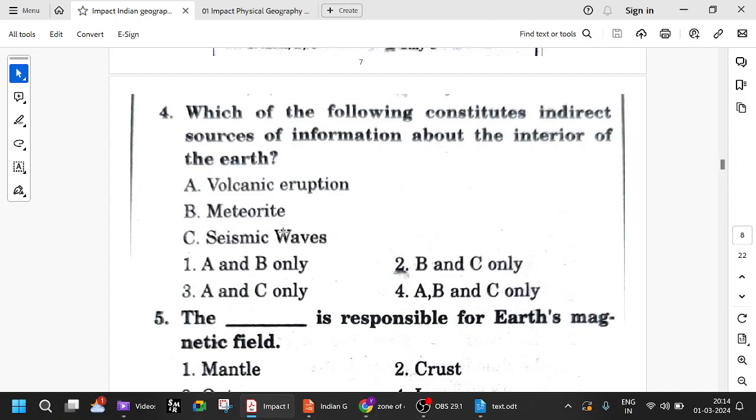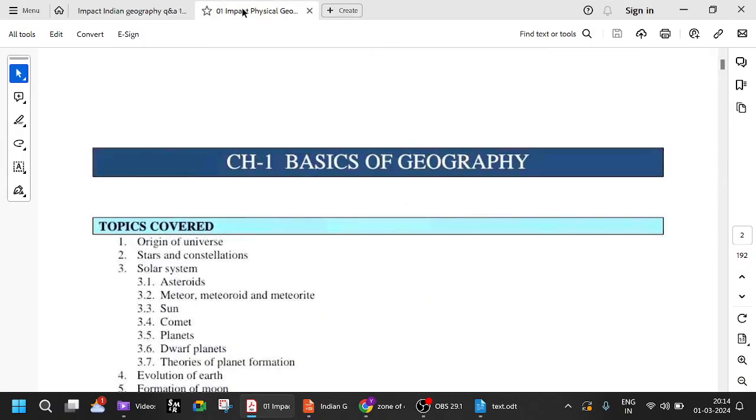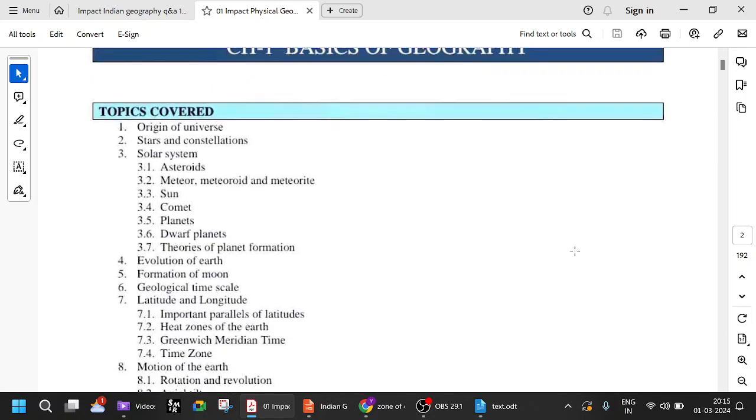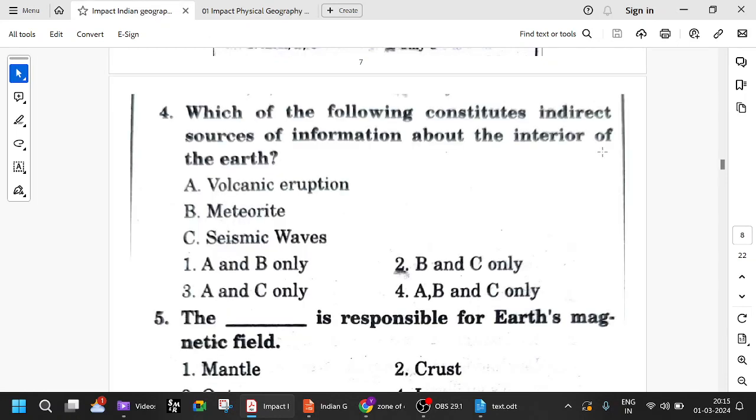And also seismic waves. Okay, seismic waves. What happens is when you send different types of waves, especially if you look at earthquakes, only the S waves pass through solid only. Okay, the P waves pass through both solid and liquid. So they are very important: S waves, P waves, L waves.